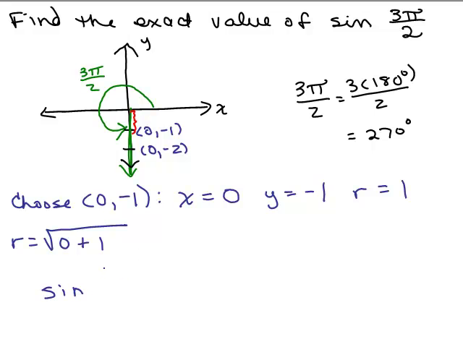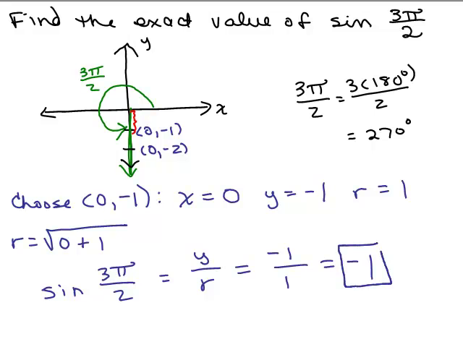So the sine of 3 pi over 2, now remember, what's the ratio for sine? It's y over r. So in this case, it's -1 over 1, which is -1. So -1 is the exact value of the sine of 3 pi over 2.